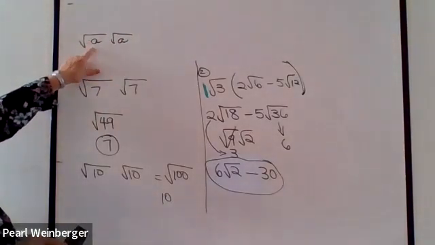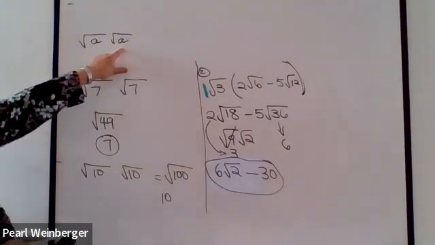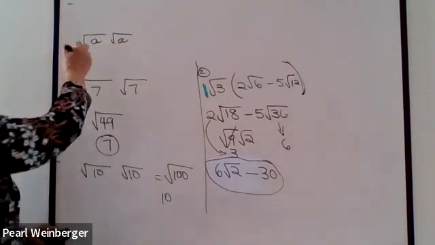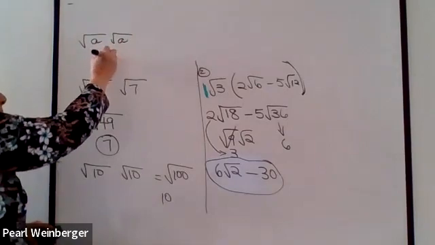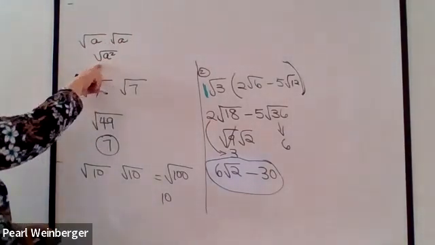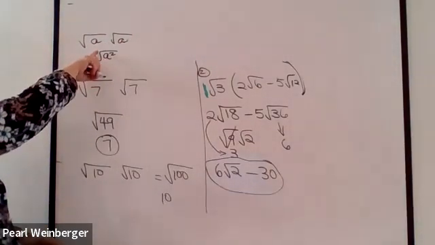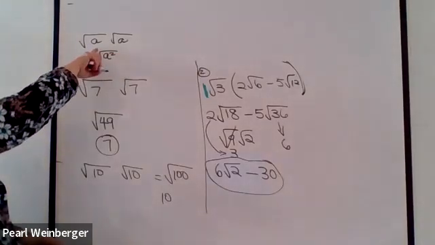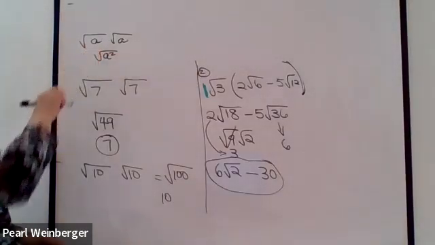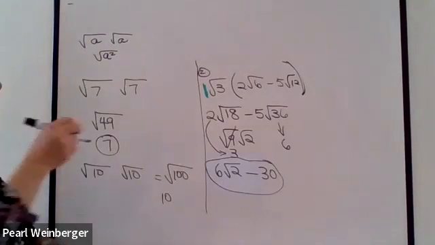Anytime you take the square root of A times the square root of A, you're going to get the square root of A squared. And remember, when we're doing variables, we divide the exponent by the index, and for the square root, the index is 2.